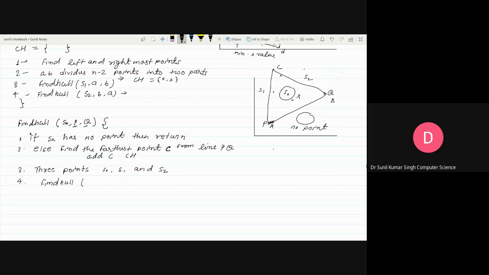And then after that call S1 and the line CP, so it will cover this region. And now find hull S2 QC.